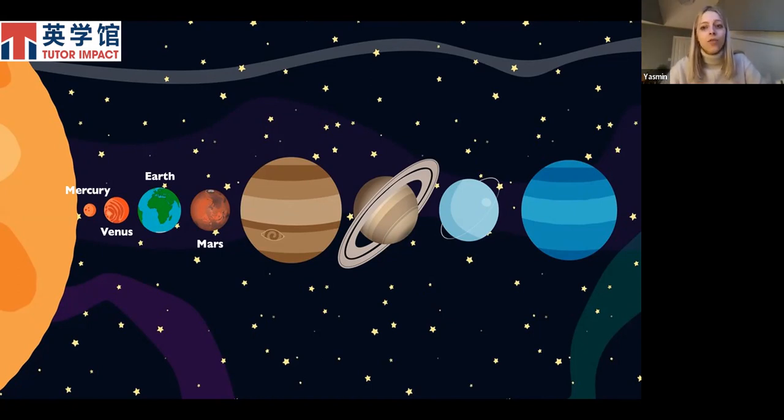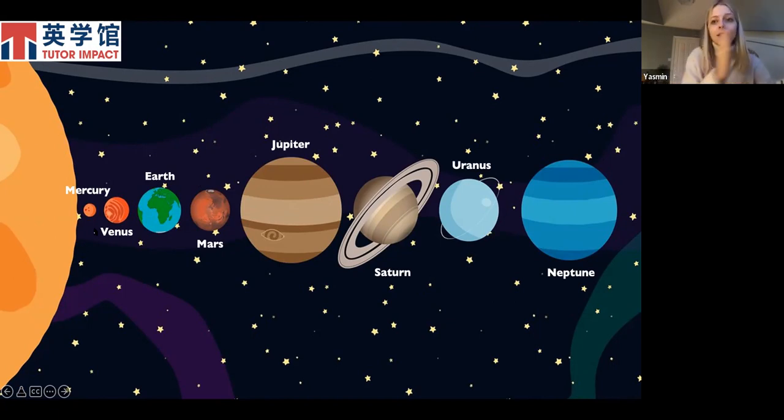And then the final 4 are Jupiter, Saturn, Uranus, and Neptune. So all of those planets are in our solar system, and this diagram shows the order they are in line with the sun. So Mercury is the closest to the sun, and Neptune is the furthest away from the sun.